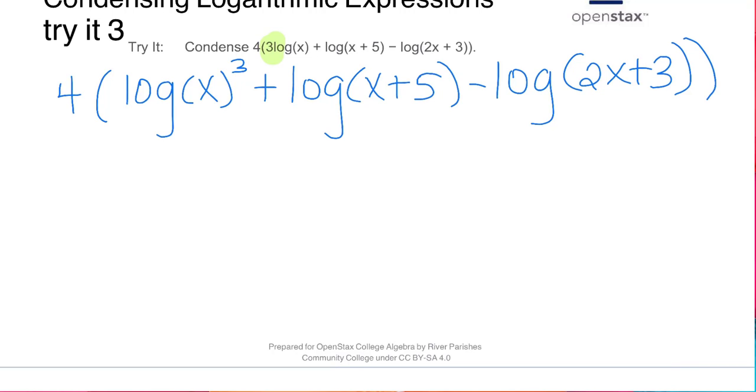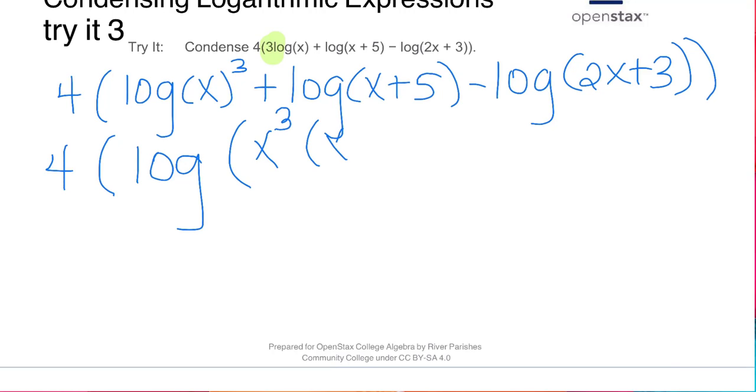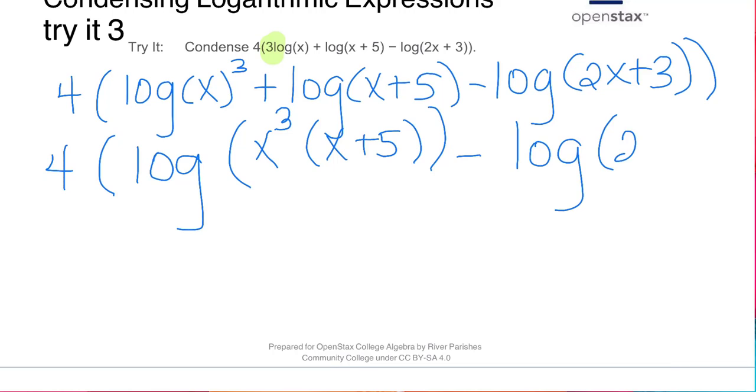Alright, so I know that I can write the first two as a product. So that'd be a log base 10 of x to the 3rd times x plus 5 minus log of 2x plus 3.